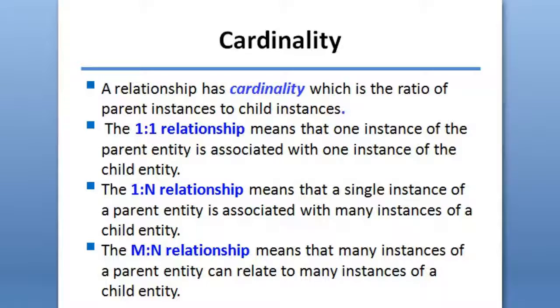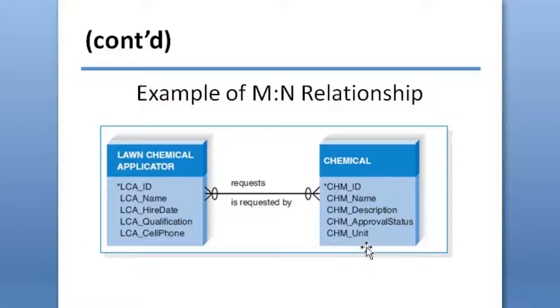Here it's different: we have a single instance of a parent entity related to many instances of a child entity. And we have many-to-many relations. This shows that many instances of a parent entity can relate to many instances of a child entity.